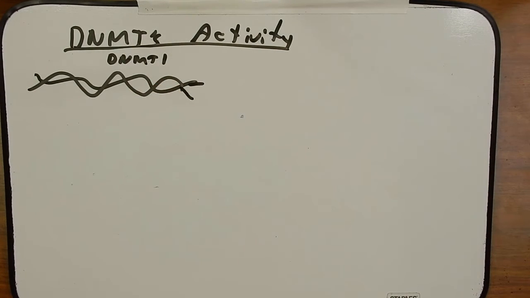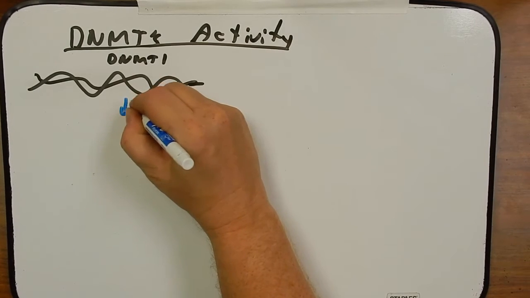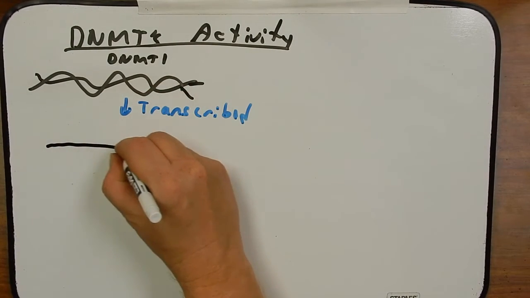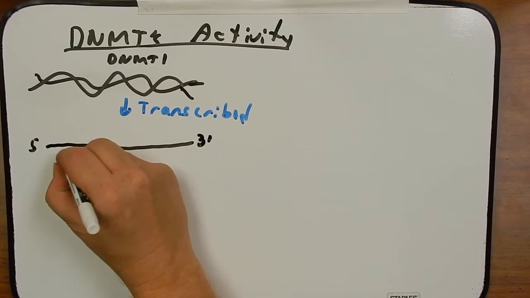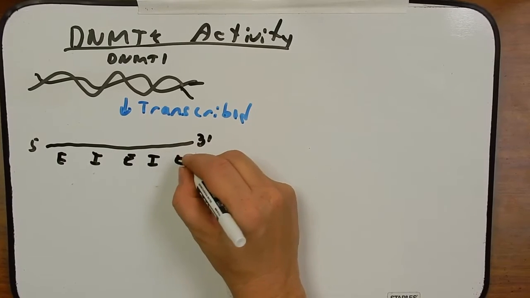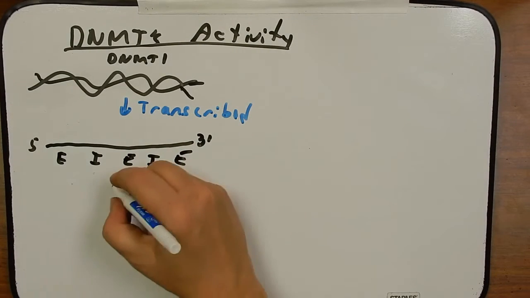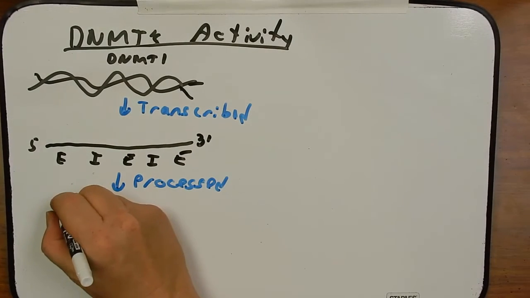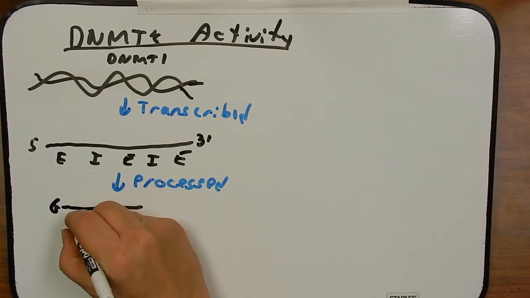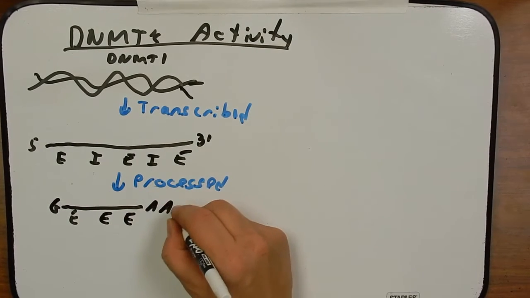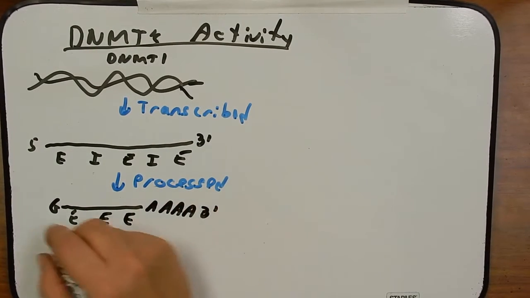And like any gene, DNMT is transcribed into a messenger RNA that has a series of exons and introns. This messenger RNA is then processed, where a G cap is added to the end, the exons are maintained, introns are lost, and we add that poly A tail to the 3' end.